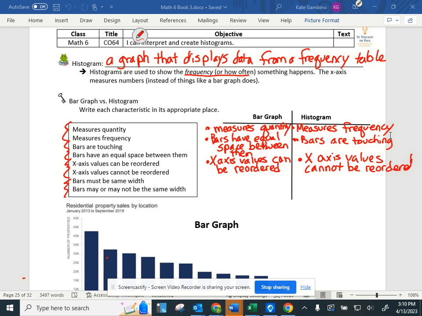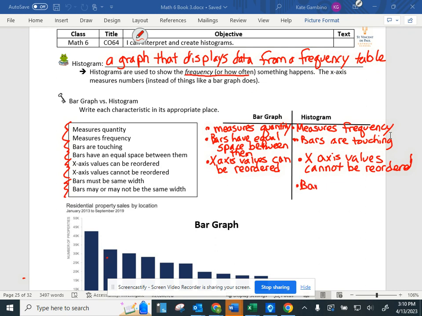Our last one is bars must be the same width, or bars may or may not be the same width. So when we look at these two examples, they're all the same width across. So we can't tell just by looking at these examples, but if we think it through with that histogram, if our bars are less than 50, 50 to 100, 100 to 150, they're all the same amount of spacing that we're doing.